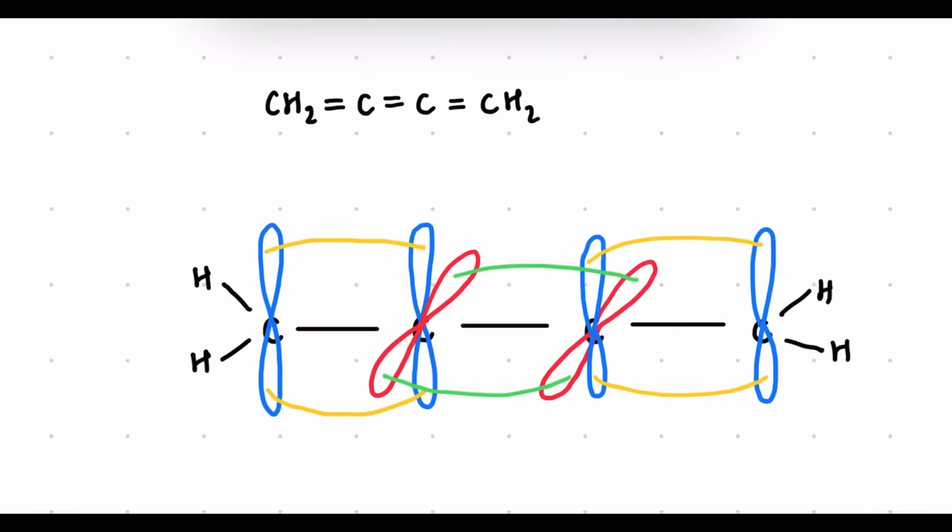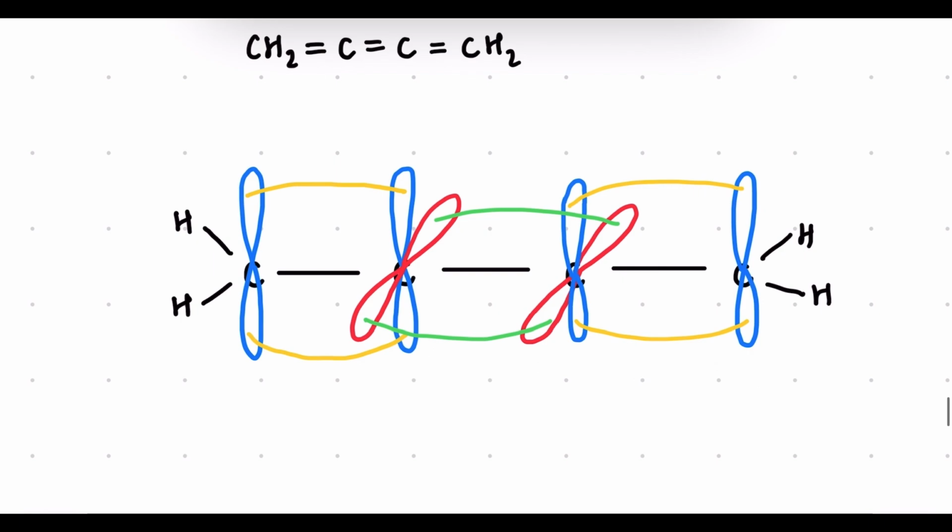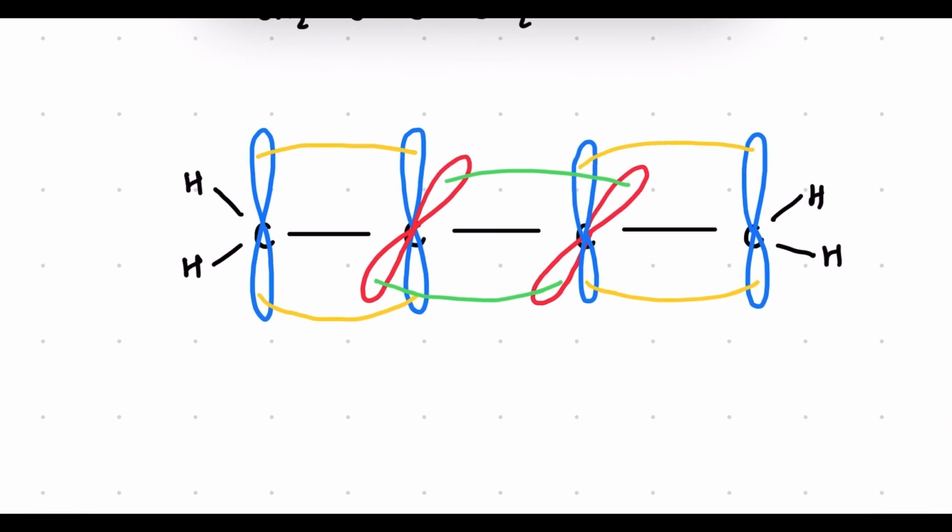Okay, so here are the bonds drawn for a 4-membered allene, and as you can see, the type of p orbitals are repeating in a pattern. First it's the blue p orbitals, then it's the red p orbitals, and then it's the blue p orbitals again.